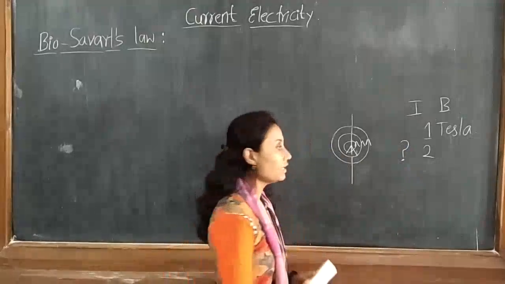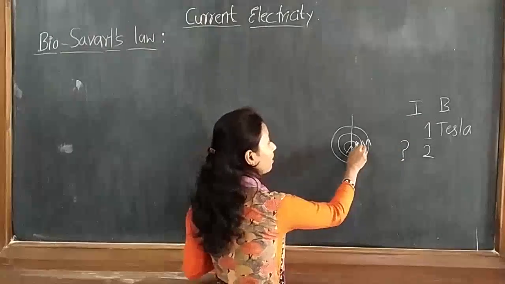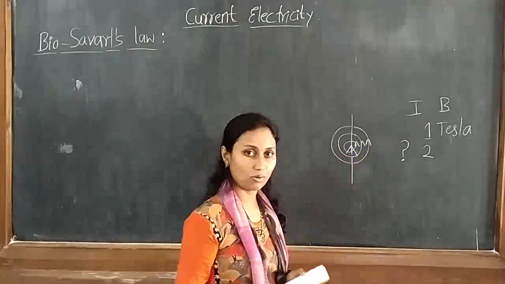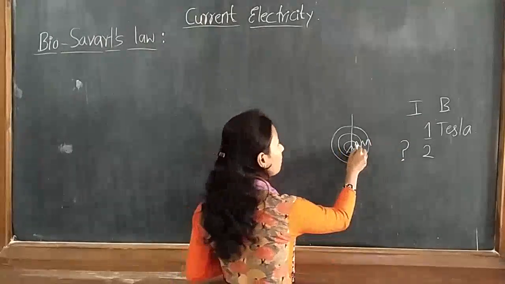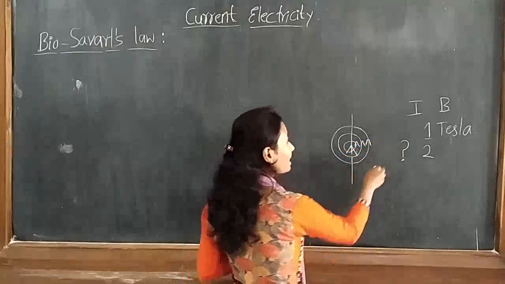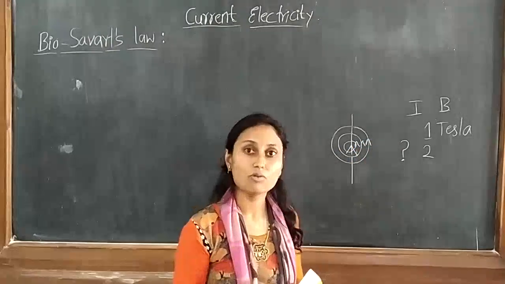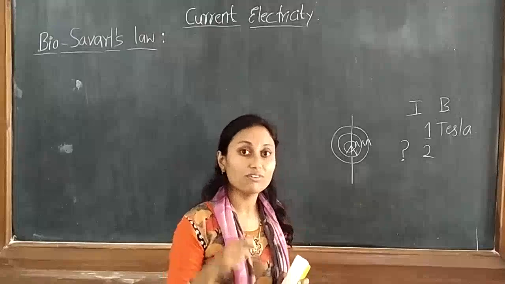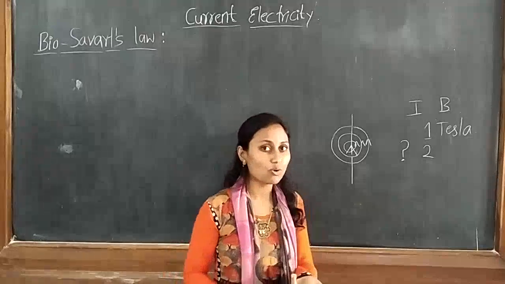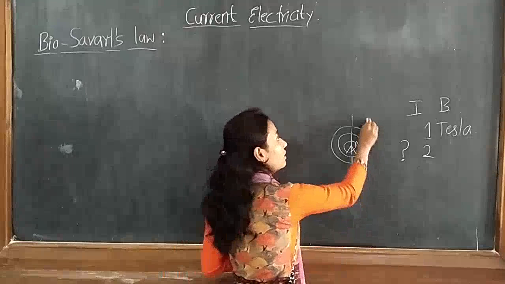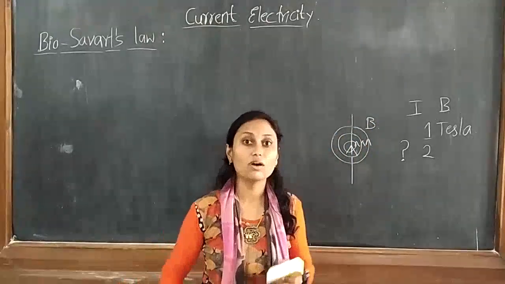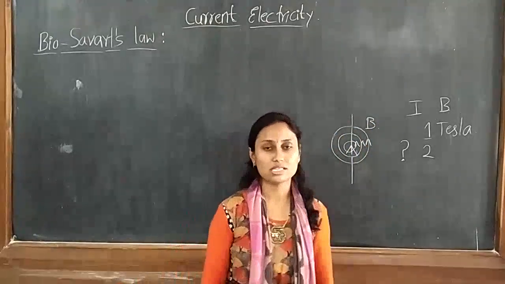And the second question: as we know, the magnetic field is created in all the surrounding area. So whether the magnetic field at all these points will remain the same or it will be different. If it is different, then on which quantity does this magnetic field depend? That is the second question.